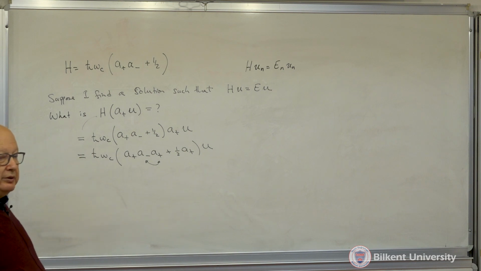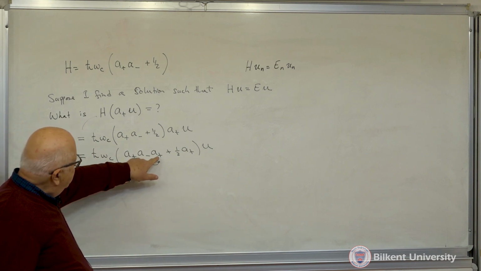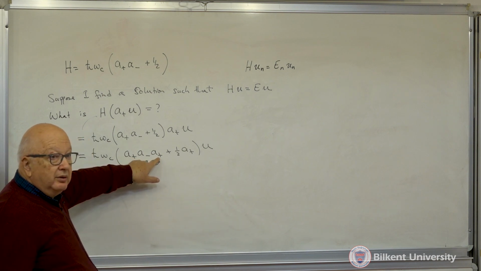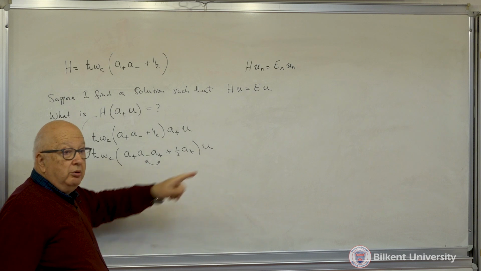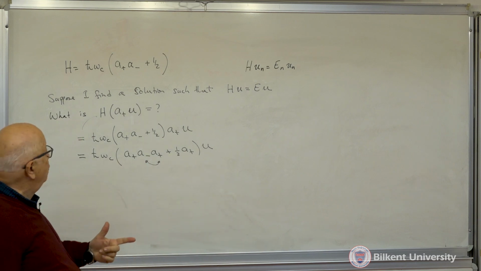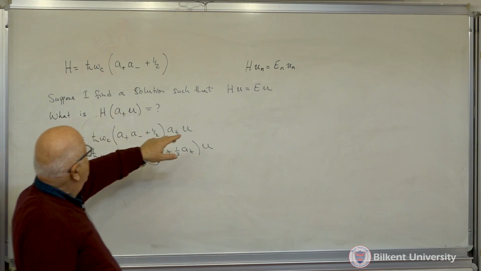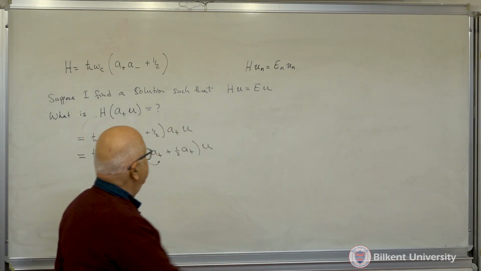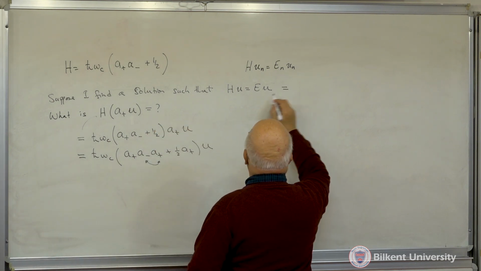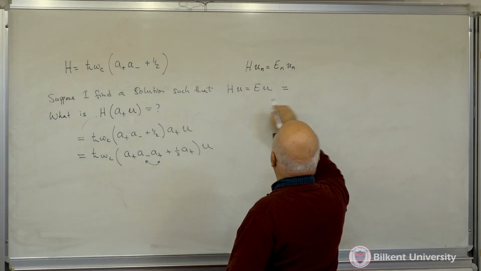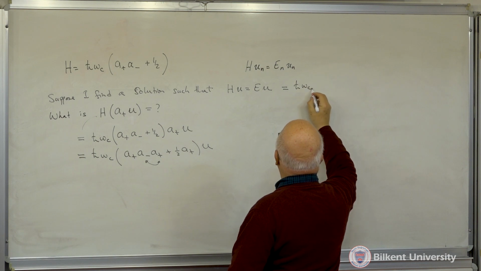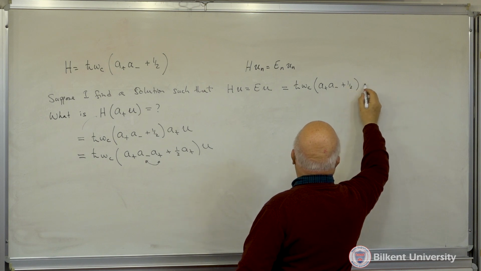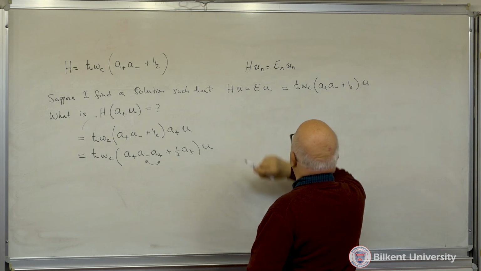Why do I want to do that? Because if I do that, then I'm going to get an a plus a minus operating on u, and for that I know the solution. I know that a plus a minus is going to give me E u. So if I just expand this, this just says that h bar omega c, a plus a minus plus a half u is equal to E u.